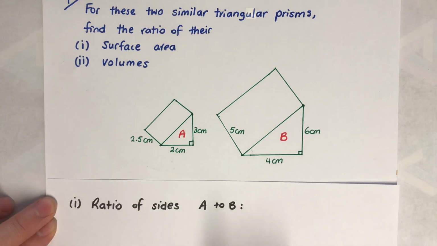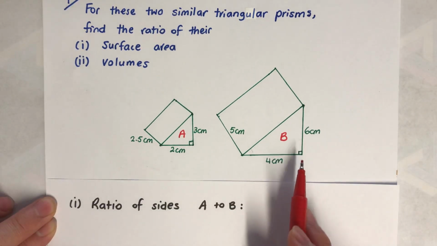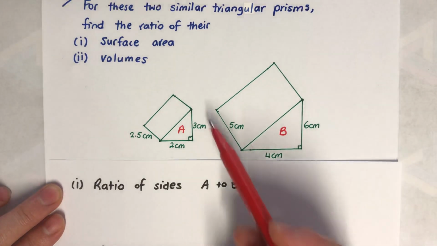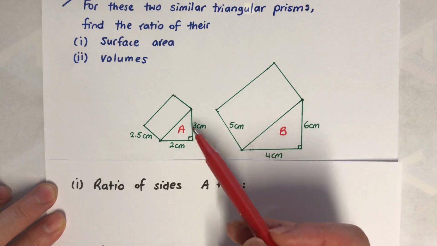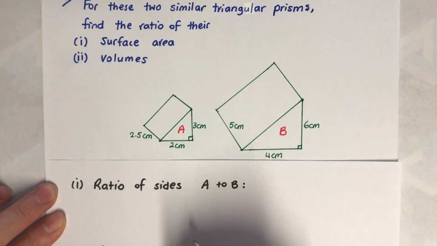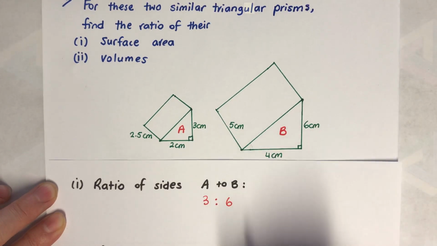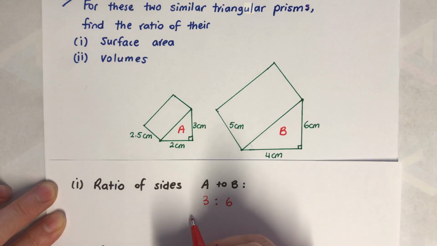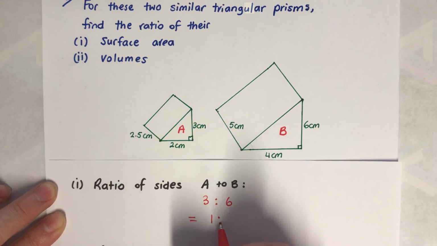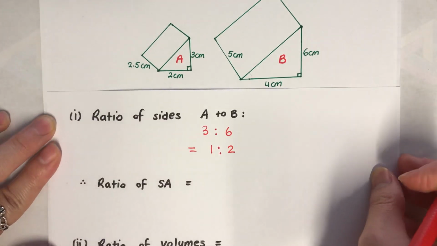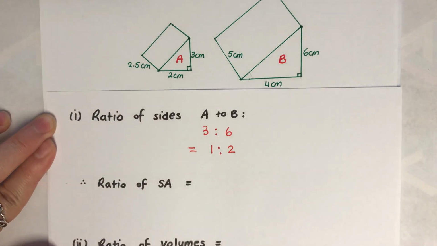So the ratio of the sides A to B. You can pick any. There are 3 sides here, 3 sides here. I'm just going to pick 3 and 6. So I'm going to go 3 to 6, which I can simplify into 1 to 2. So it's sort of doubled up. Now, since I've got the ratio of sides, I can do the ratio of surface areas.